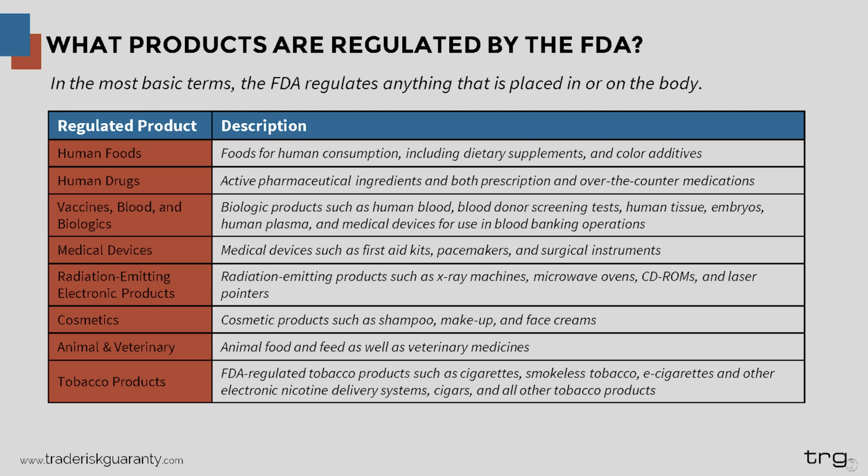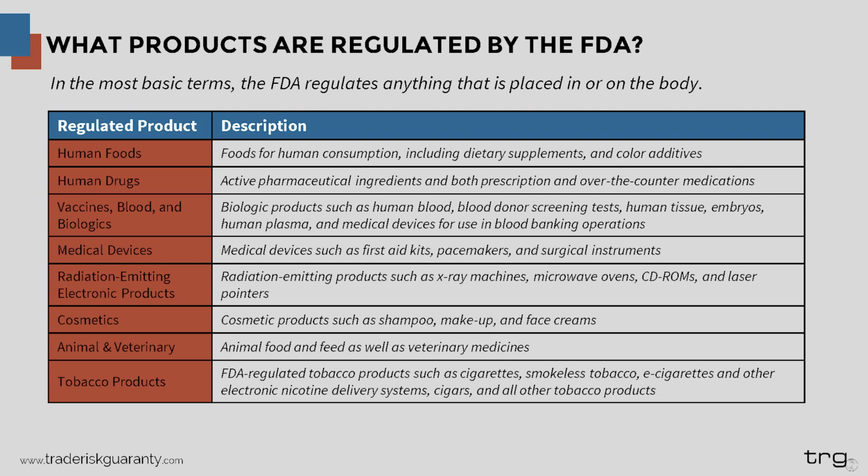Animal and veterinary. This is animal food and feed, as well as veterinary medicines. Tobacco products. FDA regulated tobacco products such as cigarettes, smokeless tobacco, e-cigarettes, and other electronic nicotine delivery systems, cigars, and all other tobacco products.